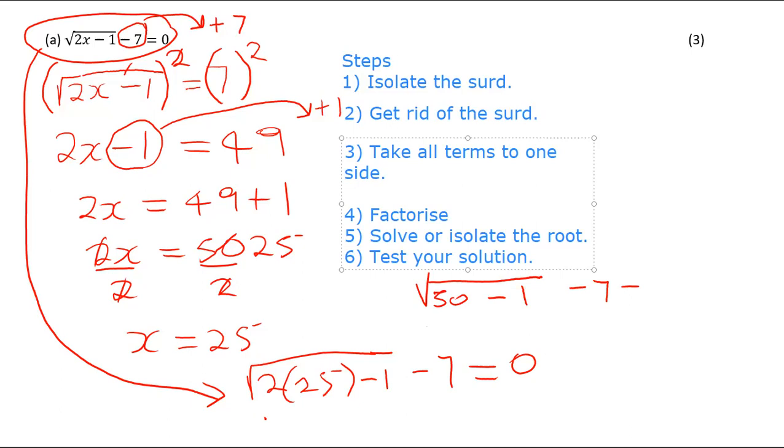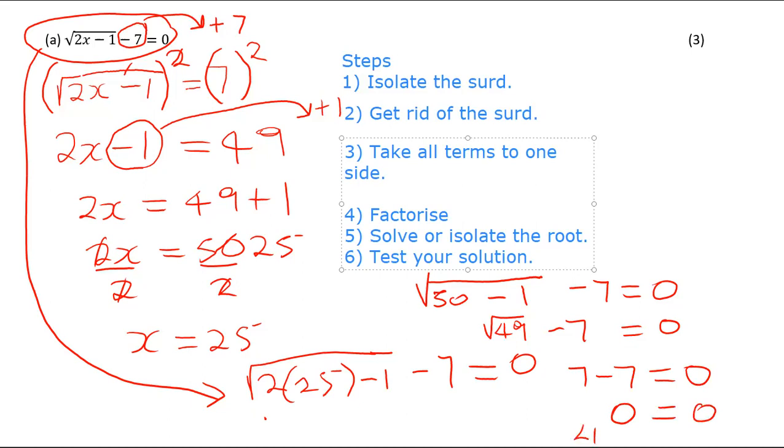And I'll have the square root of 49. And this will give me 7 minus 7, which will actually be 0. So I have 0 is equal to 0, where my left-hand side is equal to the right-hand side. That's how you test your solution, okay? That is how you will test your solution.